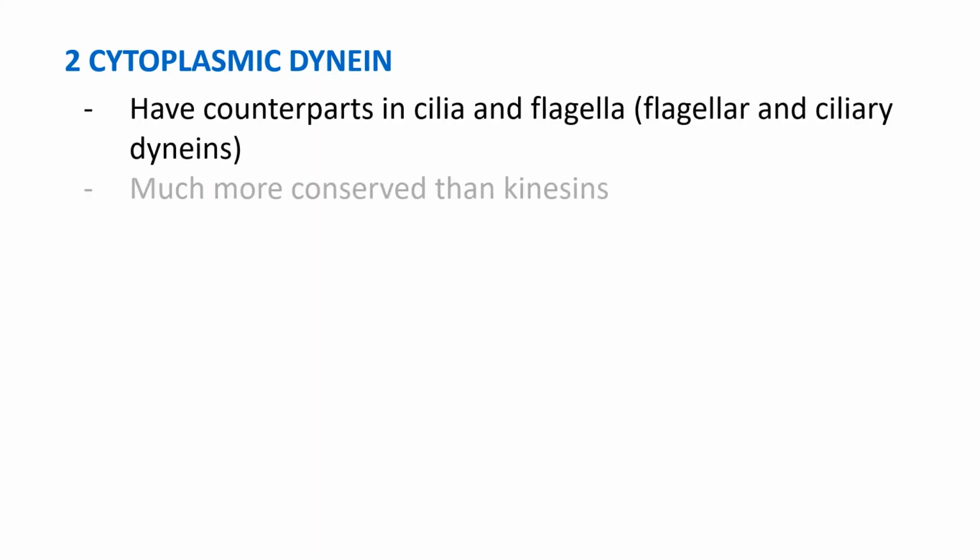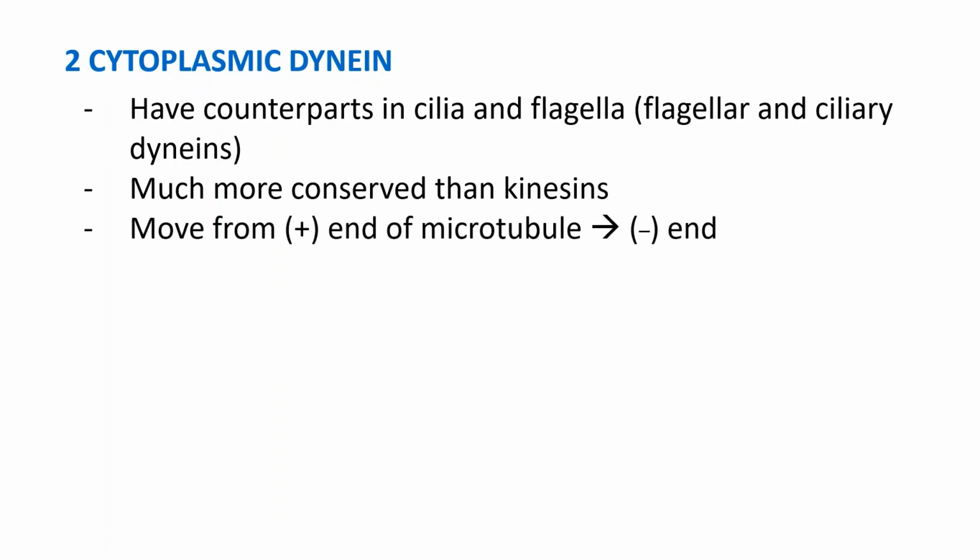They are more conserved than kinesins, meaning to say there are very few types of dynein, particularly just cytoplasmic and those that are attached to the cilia and flagella. So around 2 at least. And then they move from positive end to the negative end of the microtubule. So this is the answer, the opposite movement for the vesicles.